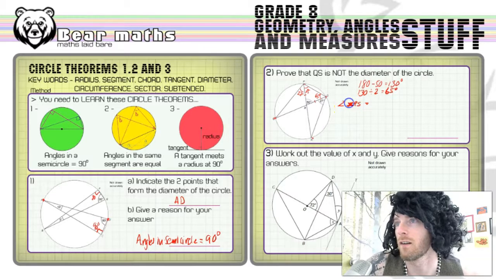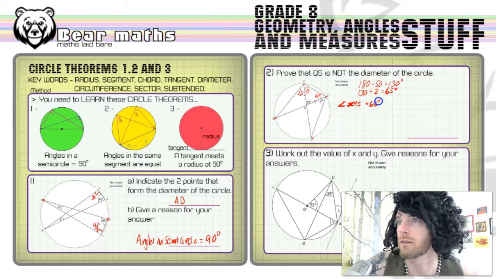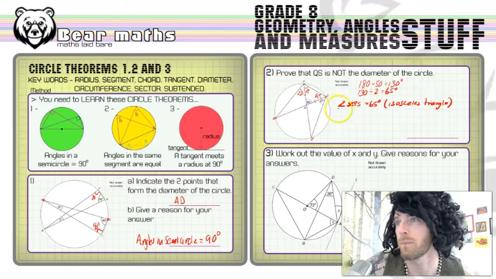That's a letter. Angle XPS equals 65 degrees, and the reason for that is isosceles triangle. So that's what we would write down. There's our reason for our answer there. We need to prove it.